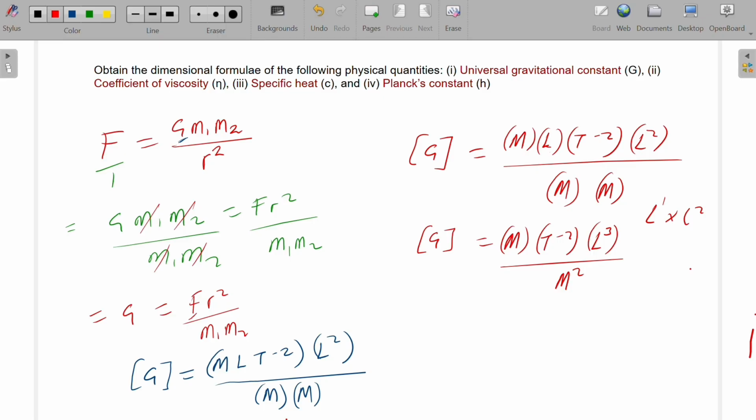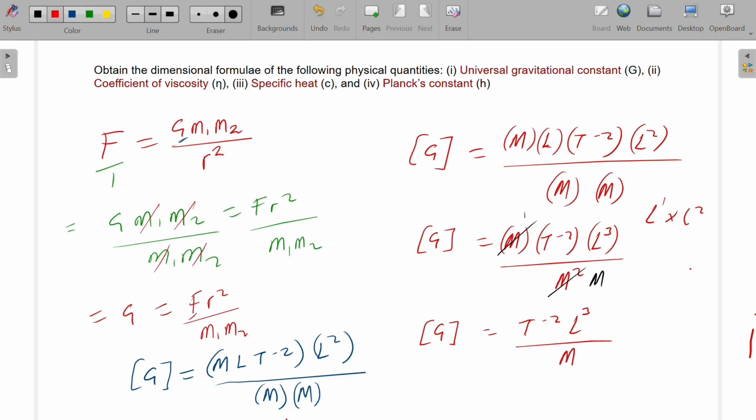Now that we have this, it will be easier for us to cancel out. So this M that we have on top here, the M will go once there, leaving a 1. The M will go once here, leaving M. That implies that the dimensions for G will be equal to, on top, T to the minus 2, then L to the power of 3.